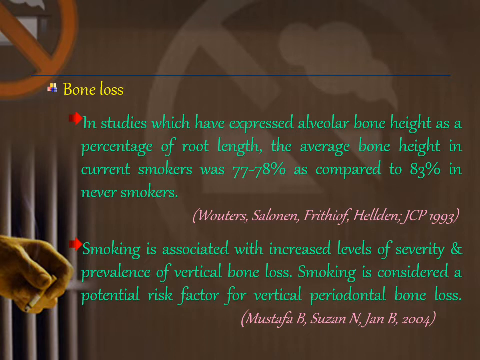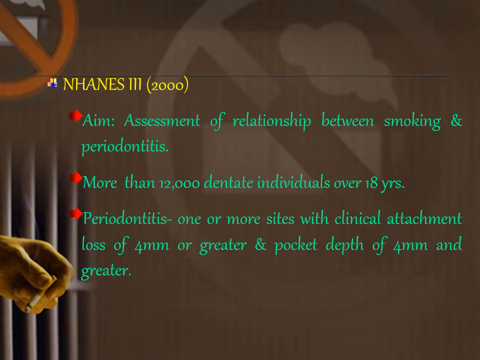Bone loss: in studies which have expressed alveolar bone height as a percentage of root length, the average bone height in current smokers was 77 to 78% as compared to 83% in never smokers. Smoking is associated with increased severity and prevalence of vertical bone loss. Smoking is considered a potential risk factor for vertical periodontal bone loss.